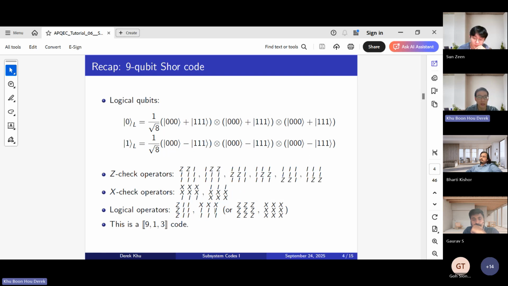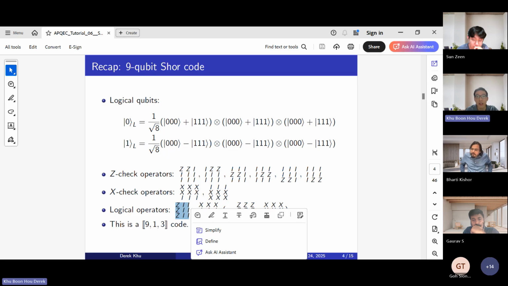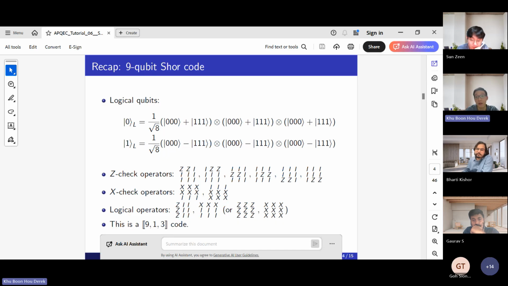No matter how we multiply this Z operator by any one or any number of these guys, there would be at least 3 non-identity operators, so it's going to be of weight 3. And same for this guy. Any questions?